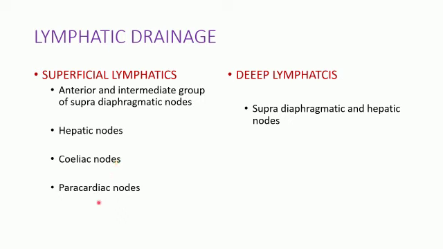From the posterior surface of the left lobe, some vessels drain into the paratracheal nodes. The deep lymph vessels accompany partly the hepatic veins and partly the portal veins, and terminate respectively in the supradiaphragmatic and hepatic lymph nodes, so they drain directly into the hepatic lymph nodes.